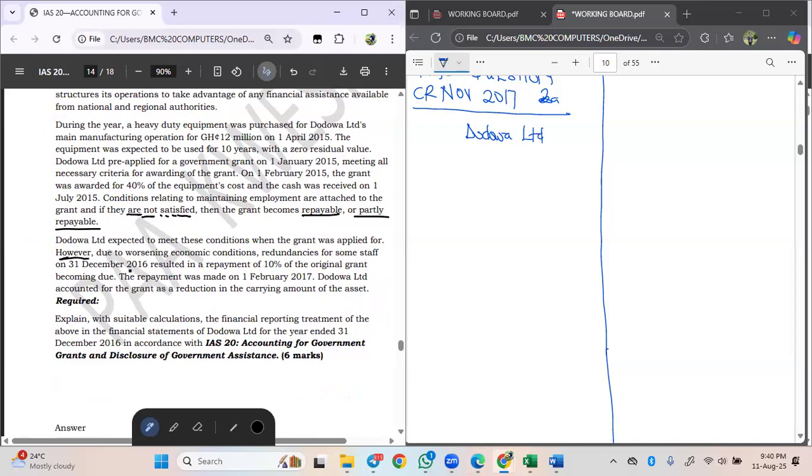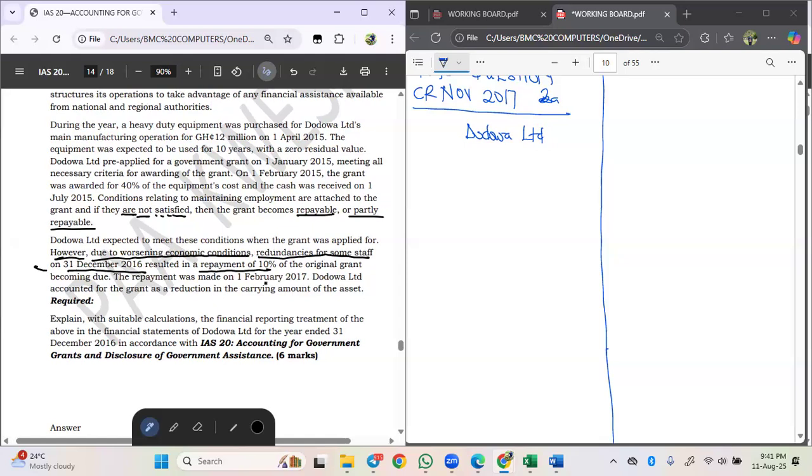However, due to worsening economic conditions, redundancies of some staff on 31st December 2016 resulted in a repayment of 10% of the original grant becoming due. The repayment was made on 1st February 2017. Dodowa Limited accounted for the grant as a reduction in the carrying amount of the asset acquired.